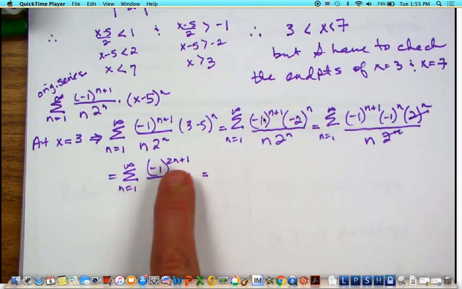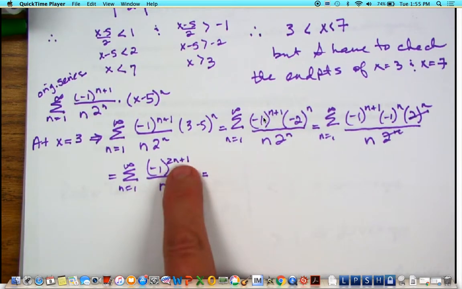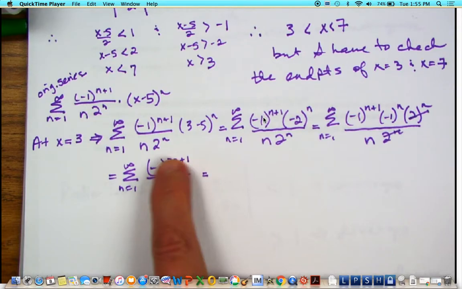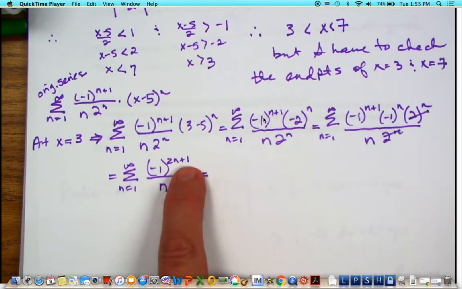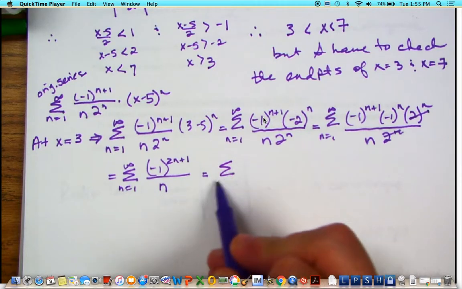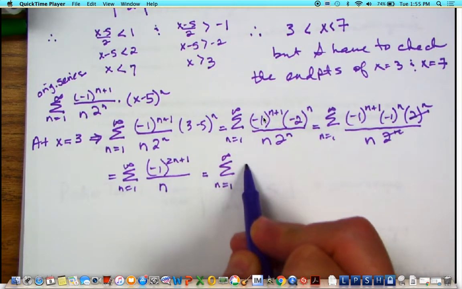No matter what I plug in for n, what kind of power is that going to be? Odd. No matter what I plug in for n, that power will be odd. Negative 1 to an odd power will always be negative.